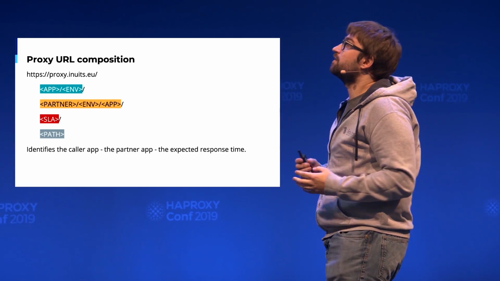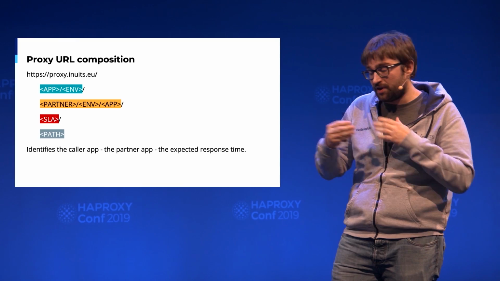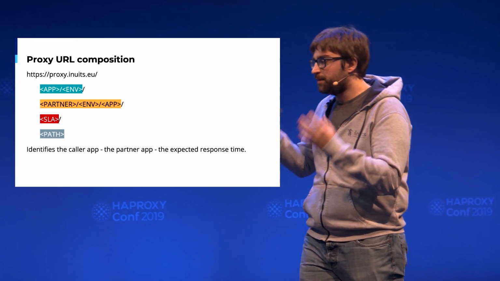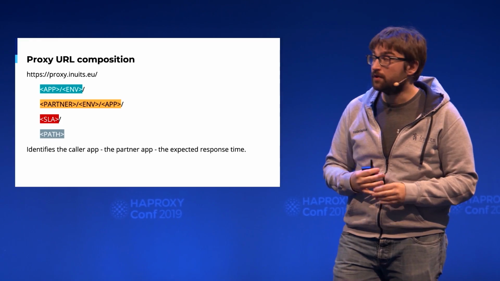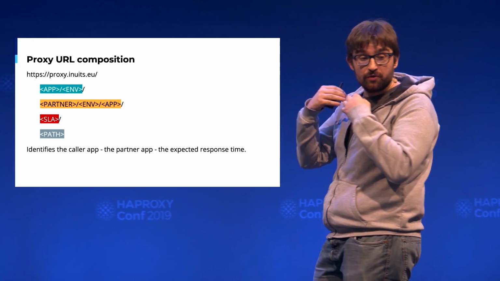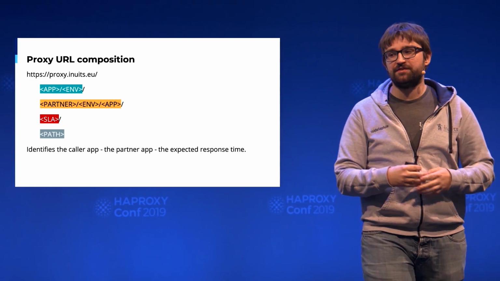So basically, in the new URL that we pass to HAProxy, we can identify the application that is calling HAProxy. It means that when you look at the HAProxy logs, you will directly see which application it is.